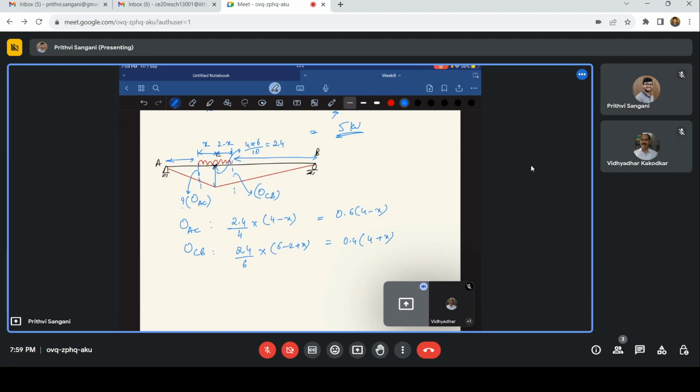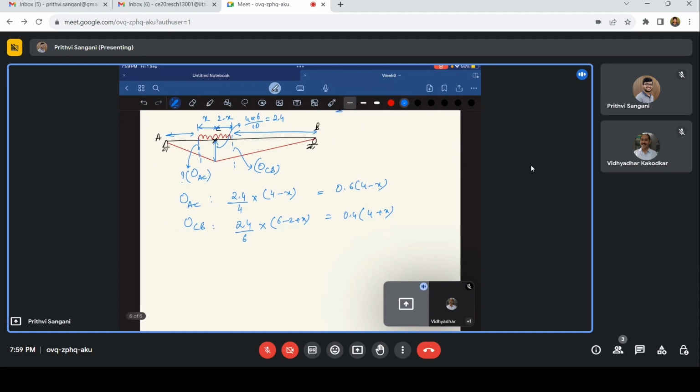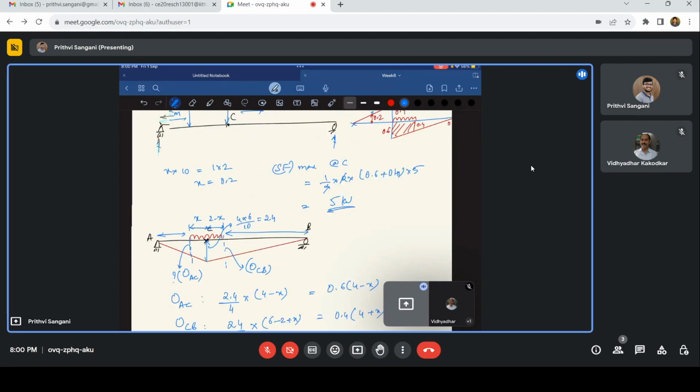So the maximum bending moment, right? So already what is given. The maximum bending moment is nothing but the area: half times (ordinate AC plus 2.4) times x, plus half times (ordinate CB plus 2.4) times (2 minus x), times how much is the UDL?